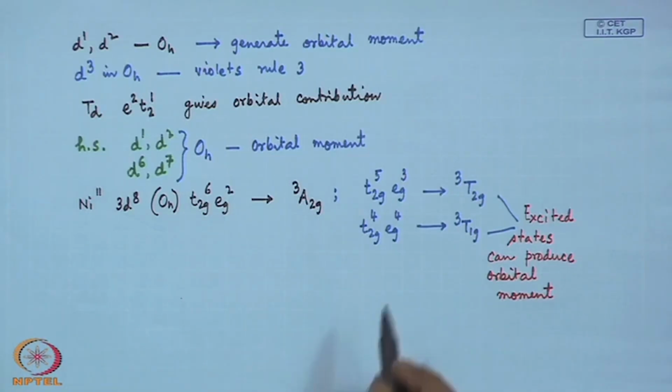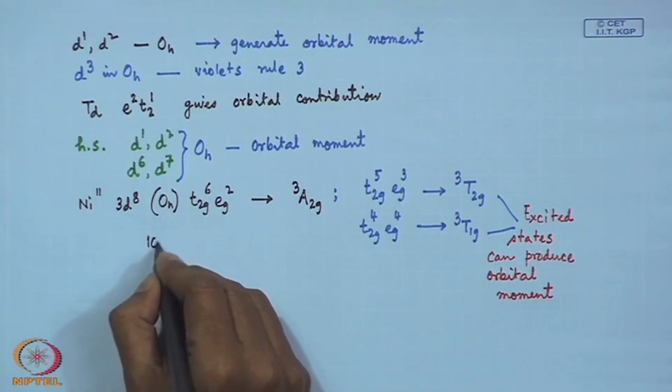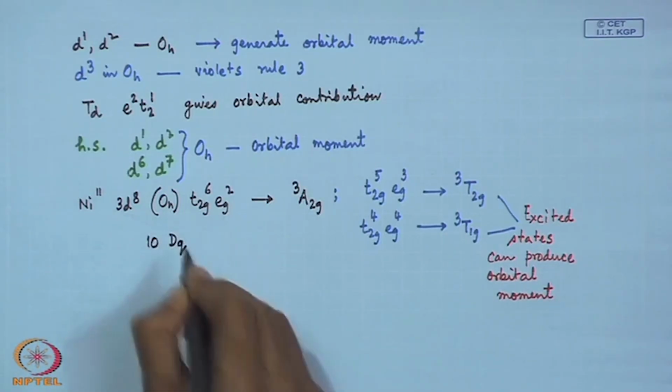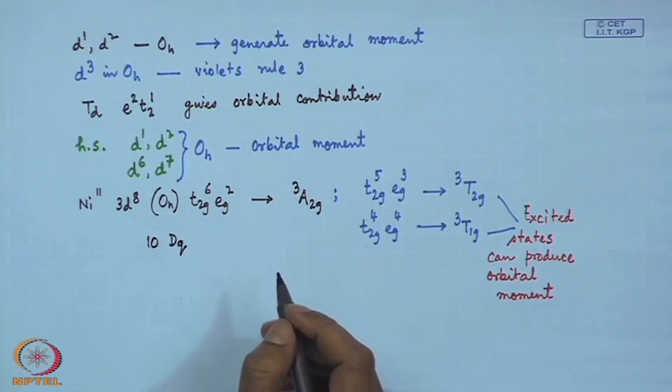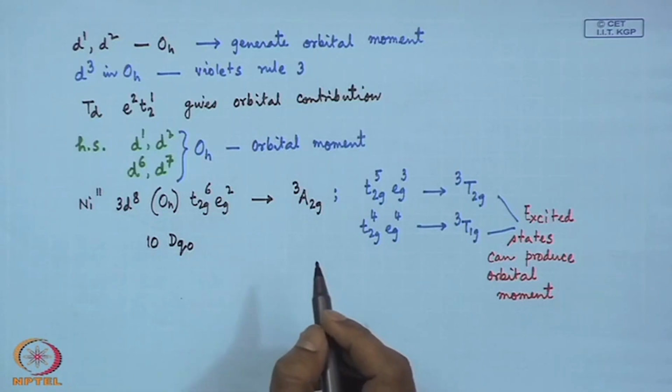So, if we just consider these two levels, we all know that these are related to the crystal field splitting parameter, the 10 Dq value. If it is in octahedral geometry, it is the 10 Dq O value.